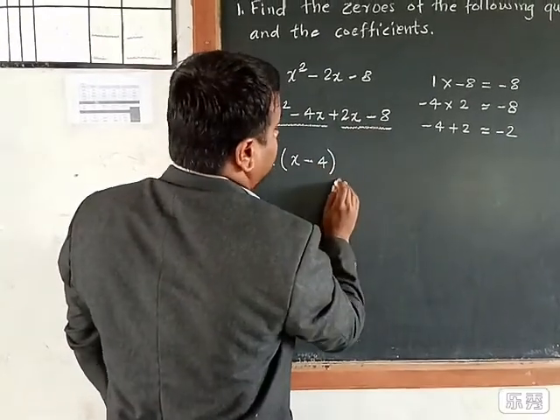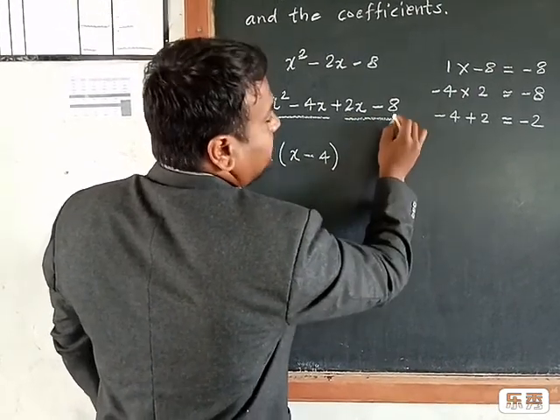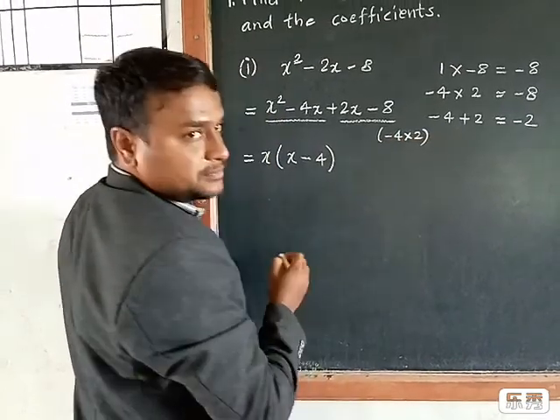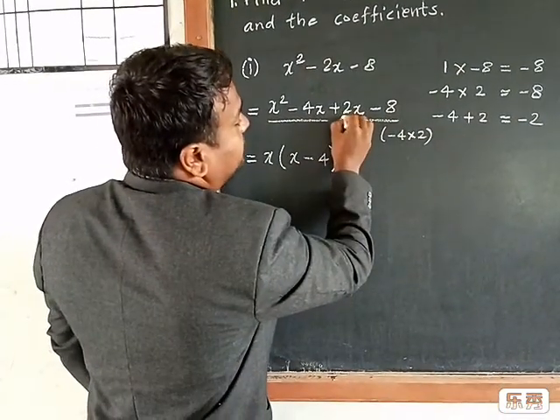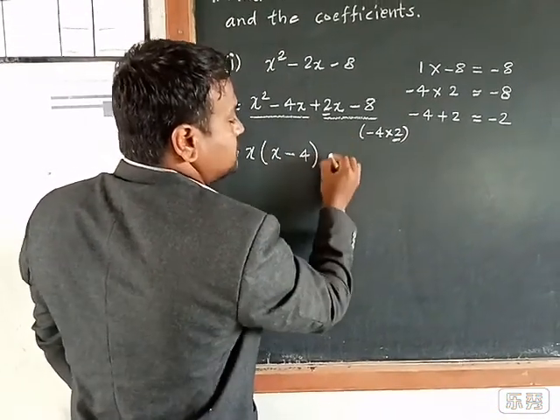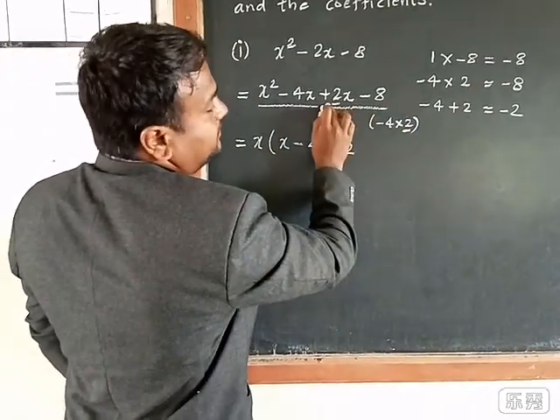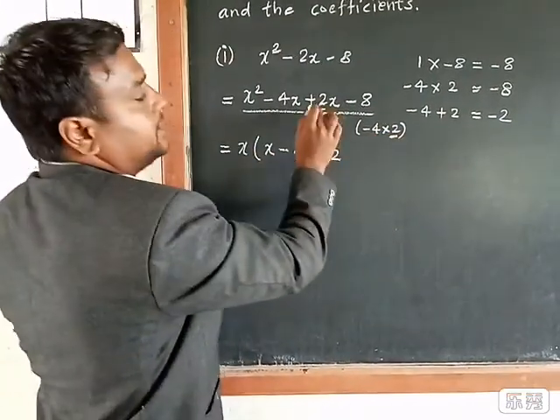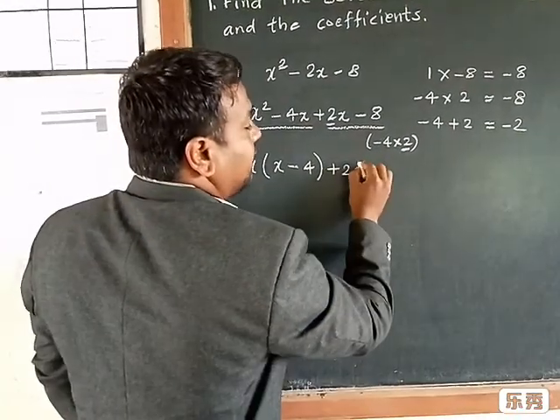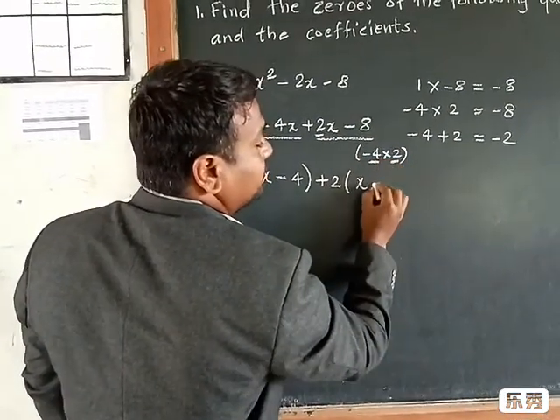Again, in the other two terms we have to take out the common factor. Because minus 8 we can write as minus 4 into 2, we can take out plus 2 as common, since it is a positive number. So plus 2 we take out, and again inside the bracket we get x minus 4.